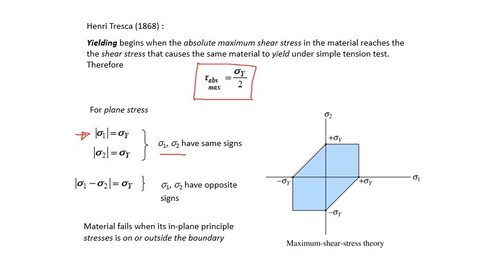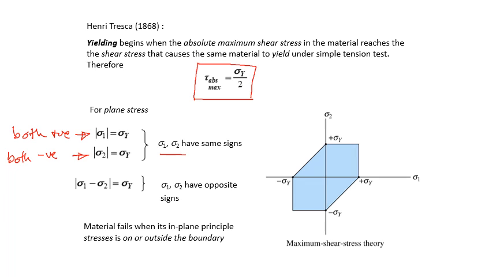If both are negative, then we take sigma 2 as the larger value. So if the magnitude of sigma 2 equals sigma yield, then we will say it will fail. So this is when they are both negative, right? And this is when they are both positive. Okay?